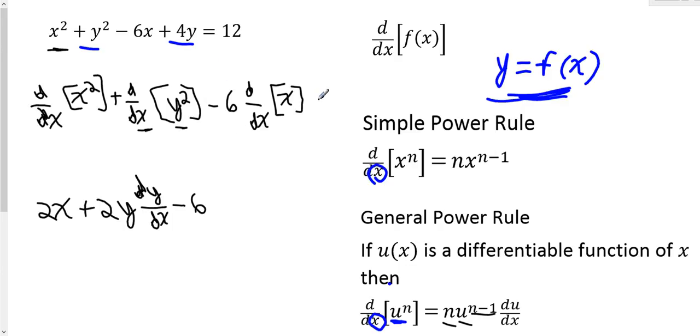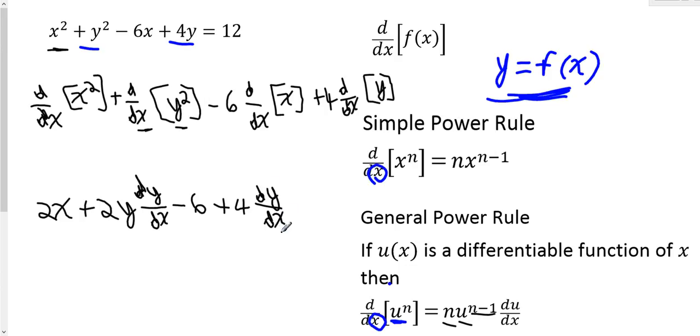And then this term here is going to be plus 4 times the derivative with respect to x of y. Well, in this case, I still get 1 because I'm taking the derivative of the outside function, but it's going to be 1 multiplied by dy/dx, the derivative of the inside function. So in this case, I get plus 4 times 1 dy/dx, or plus 4 dy/dx.